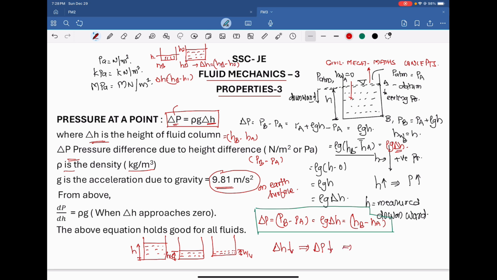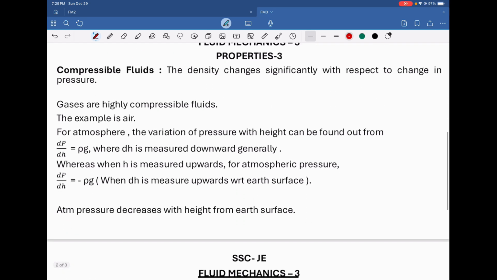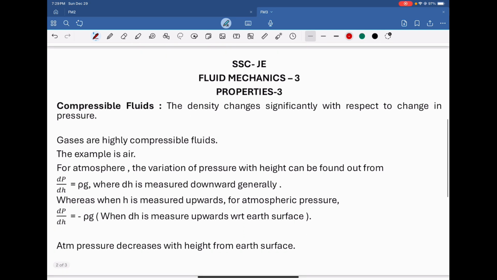Now, that means we can establish a relation between delta H and delta P. That means delta P by delta H is equal to rho G. As per standard calculus, delta P by delta H, when delta H tends to 0.